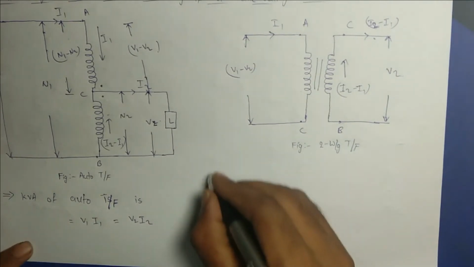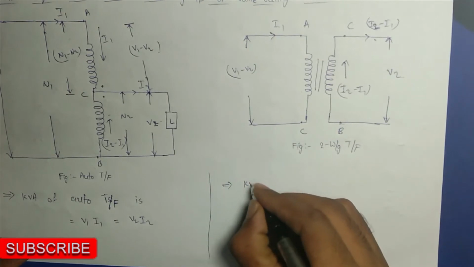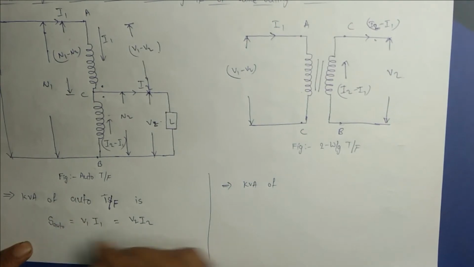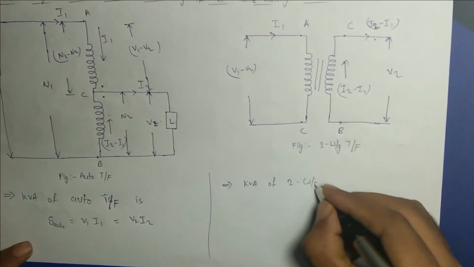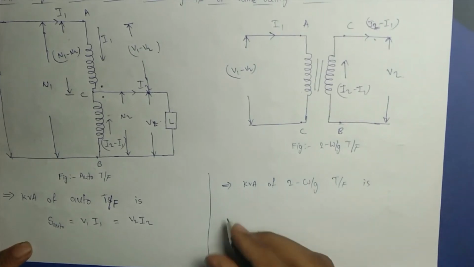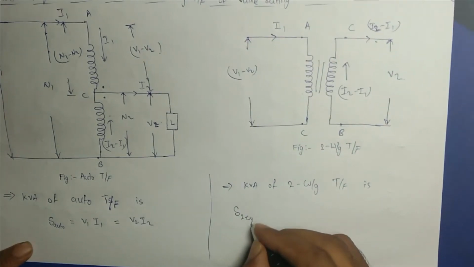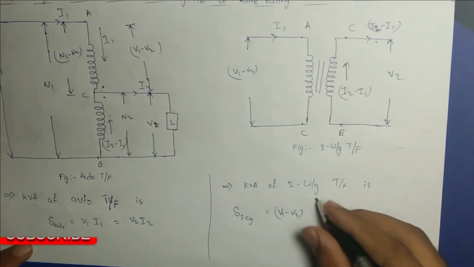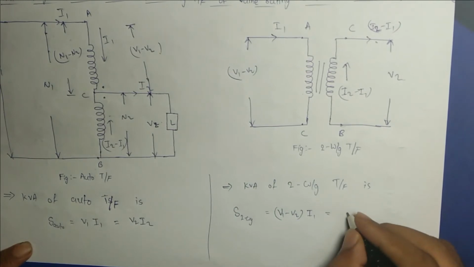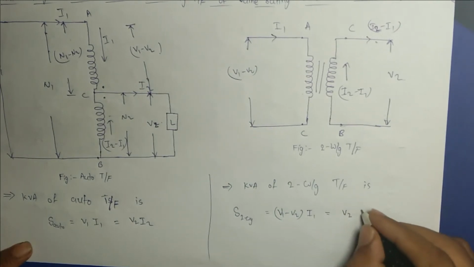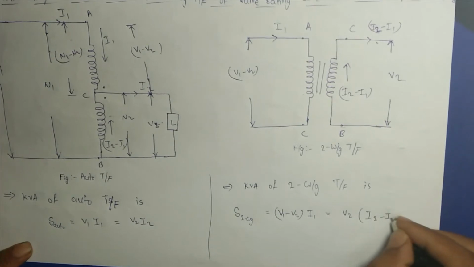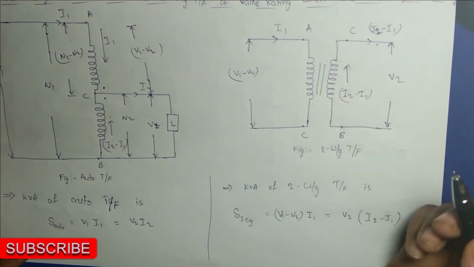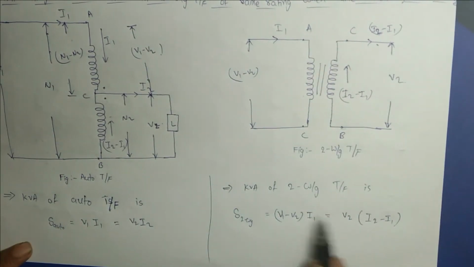Okay, kVA of two winding transformer is equal to primary voltage V1 minus V2, primary current I1, which is equal to secondary voltage V2, secondary current I2 minus I1. Here two windings having same number of turns, hence input is equal to output.